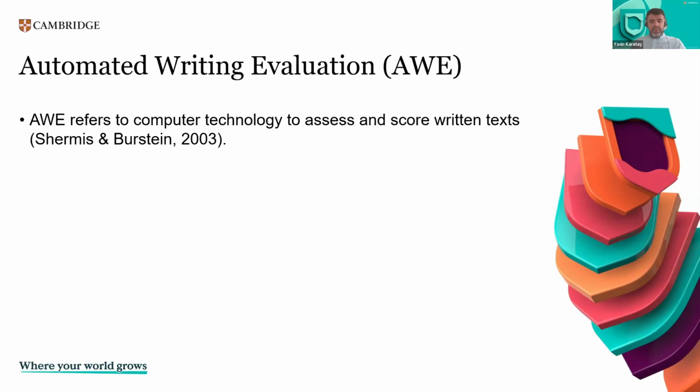So the AWE basically refers to computer technology to assess and score written texts. So you or your students can use this type of technology to receive feedback on a piece of writing. It could be an email, a paragraph, or an essay, or a very long essay, or part of a manuscript, or an article.